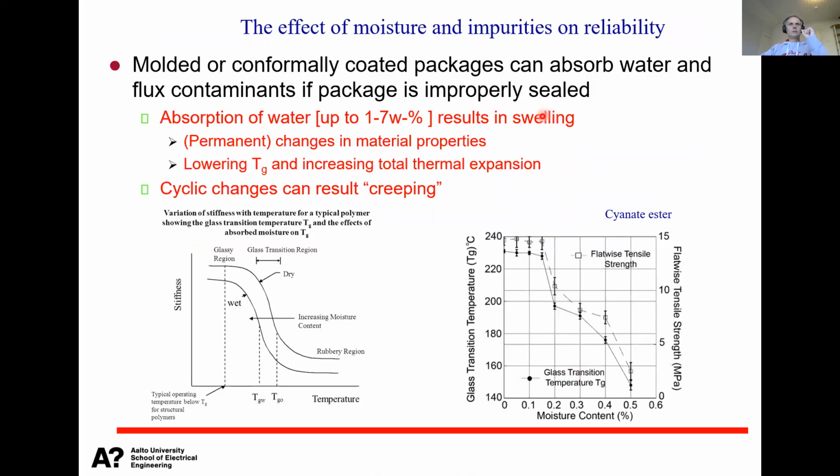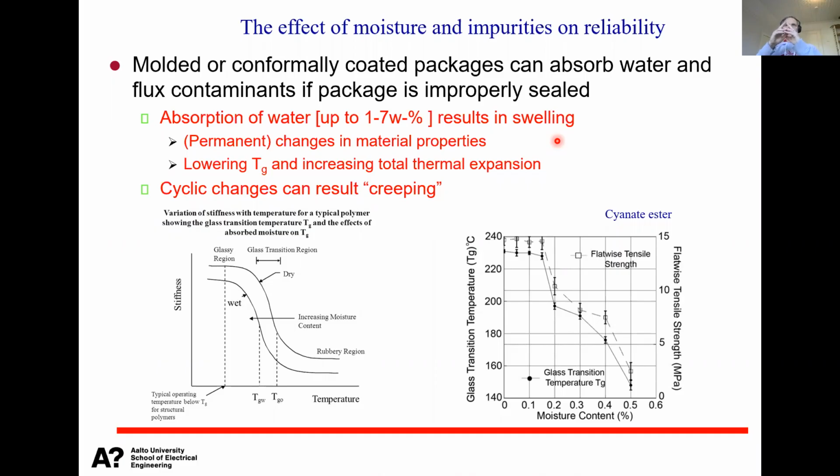First of all, our organic materials have a loose structure. If you think about epoxy, for example, it's polymer chains interlinked with each other, but there's quite a lot of empty space inside where the small water molecules can absorb.